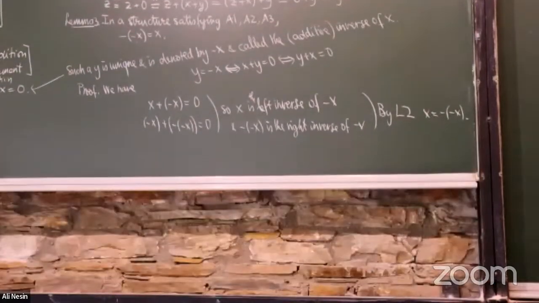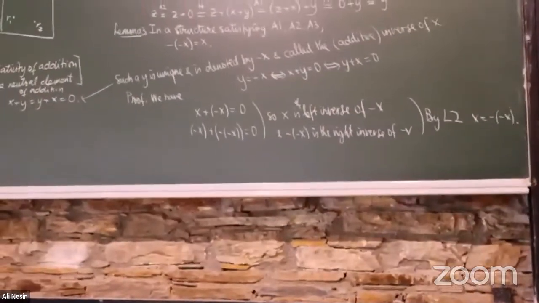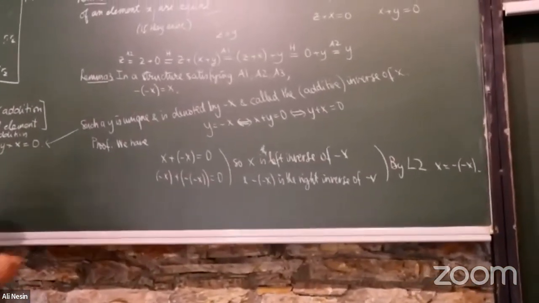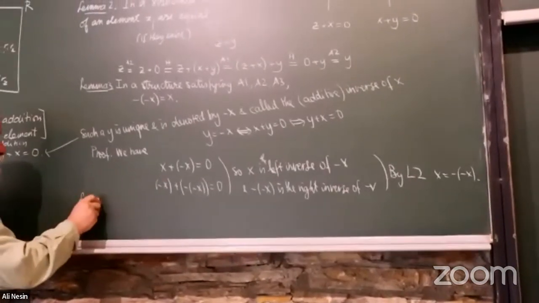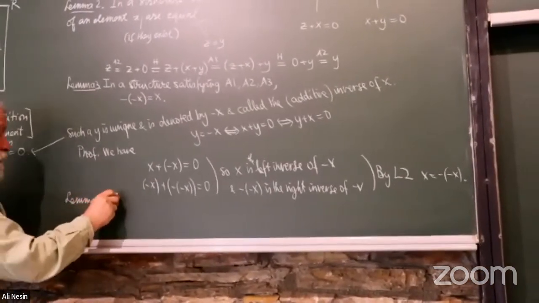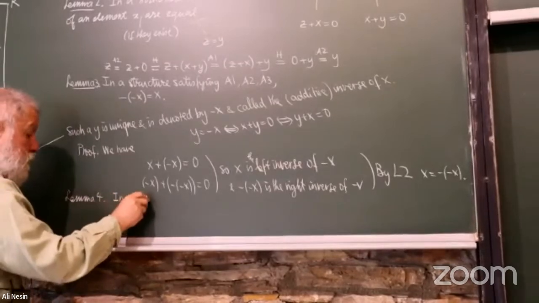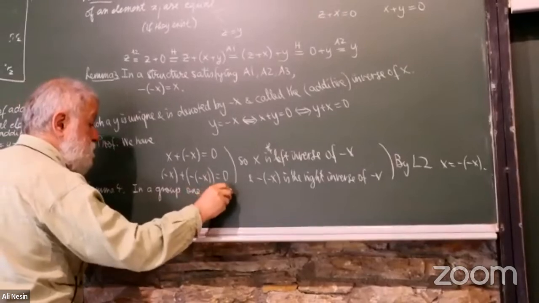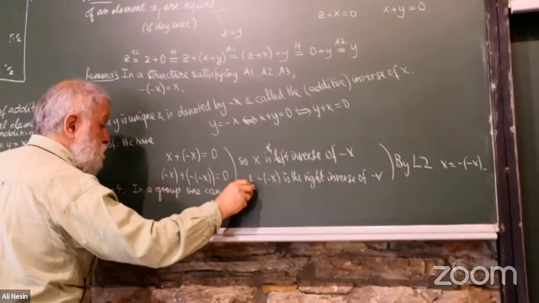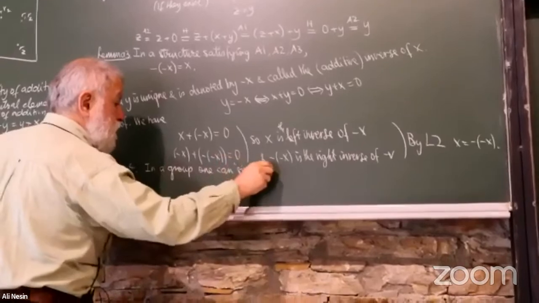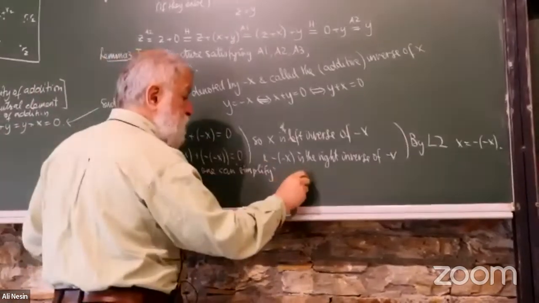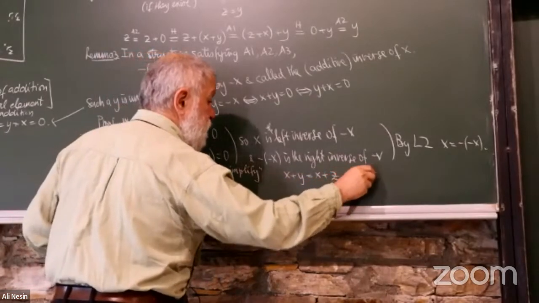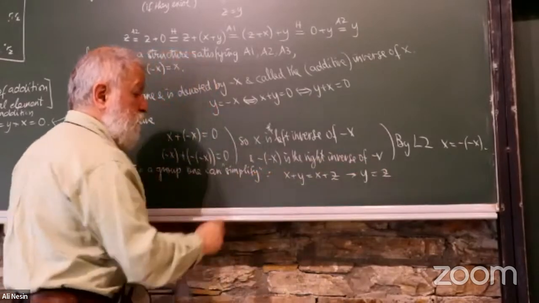I continue with the axioms. You see, in a group, you can simplify also. Lemma 4: in a group, one can simplify. In other words, if X plus Y equal to X plus Z, then Y equal to Z. What do you do to prove this?